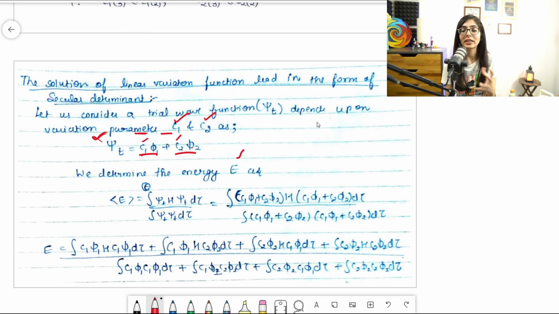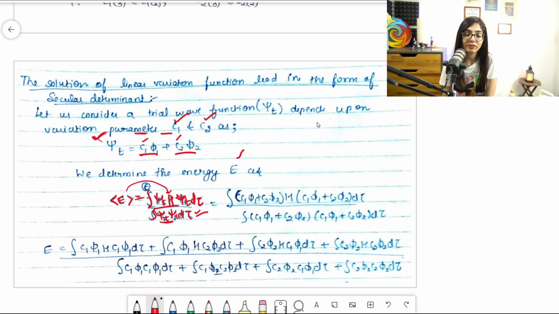The basic quantum formula tells us that if we want to calculate the average energy E, it would always be like this: psi trial, because this is the trial wave function, then the Hamiltonian, which means total energy, then psi trial d tau, divided by, now no H will be there, this is normalization, psi trial psi trial d tau. Fine, this is the formula.